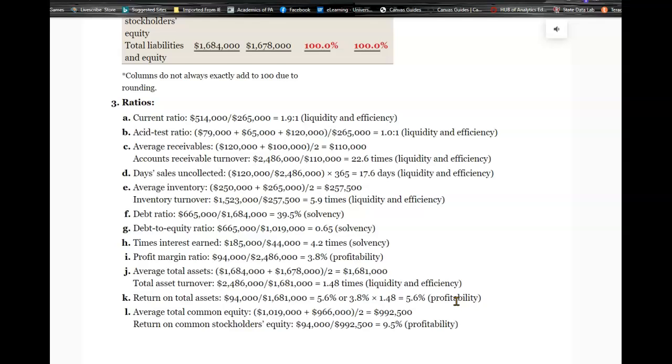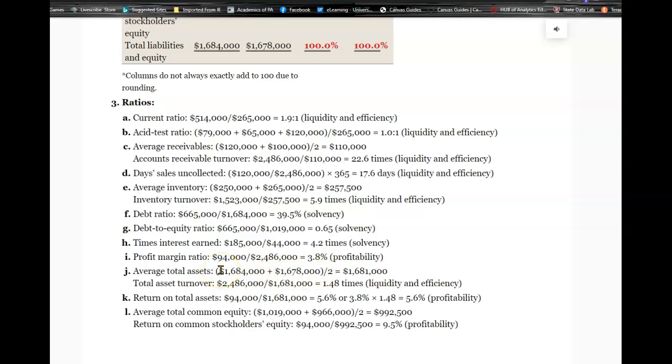So then we have the total asset turnover ratio. And so we need to have our average total assets. And so we take our total assets at the beginning of the period and the end of the period, and we add them together. So we have, at the end of one period, 1,678,000.